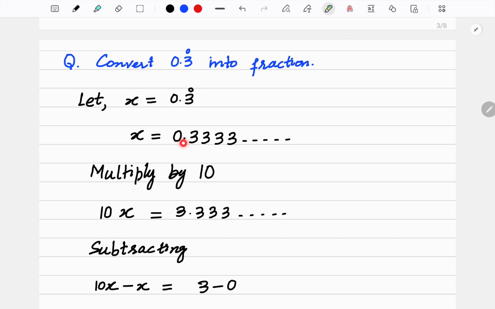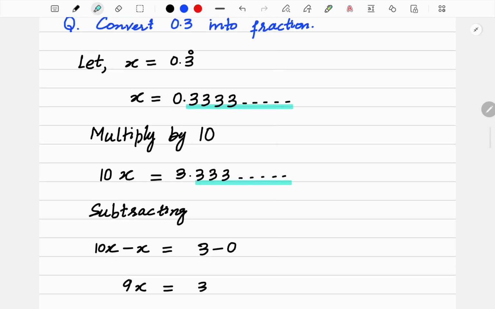When we multiply by 10, the decimal shifts inside: 3.333. As we have the same series after the decimal, 0.333 and 3.333, then we will subtract. If we subtract, the 0.333 and 0.333 cancel out, and we are left with 3 minus 0 only.